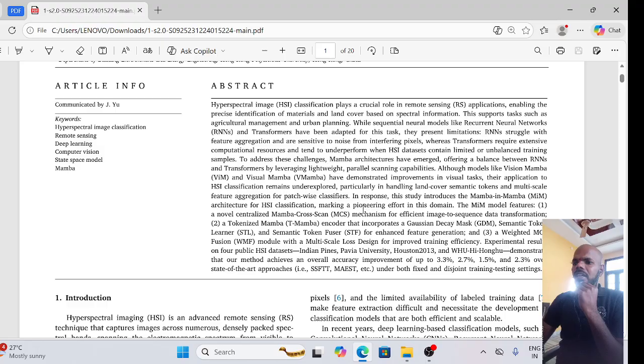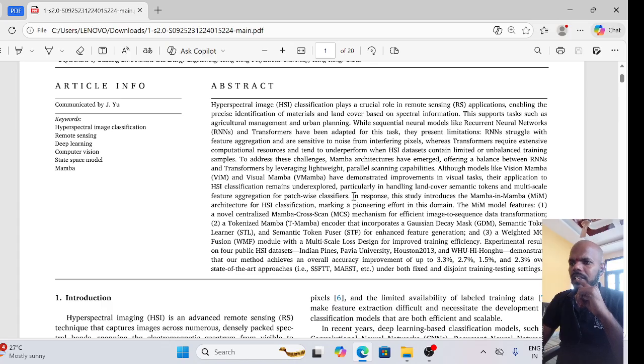Next, in response, this study introduces something. First they discuss the introduction, then the problem, and how to overcome those problems. To overcome them, they slowly introduce their own model, that is the proposed model, Mamba.